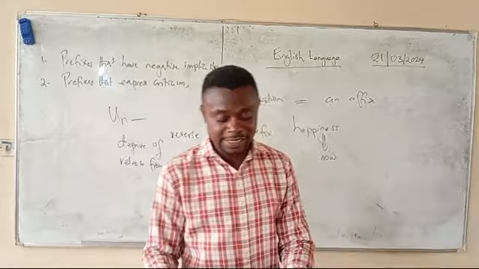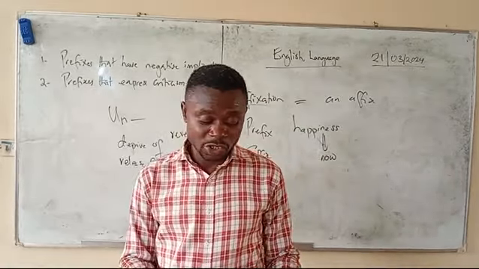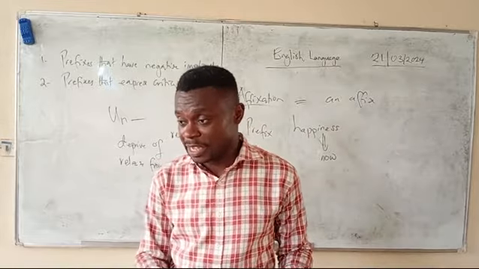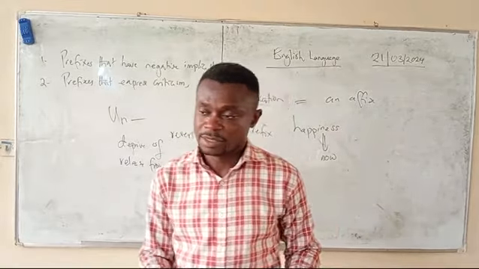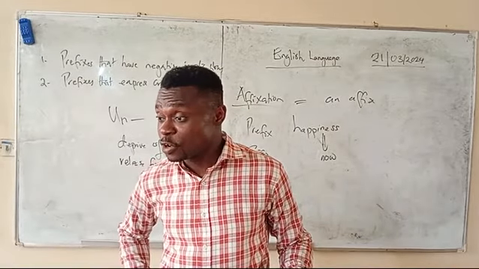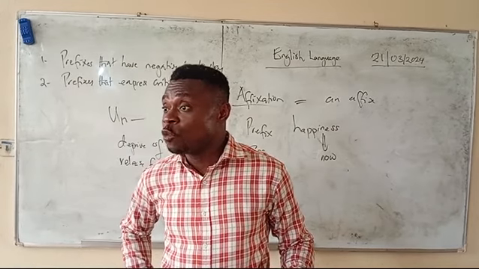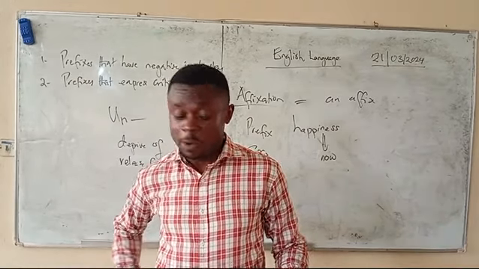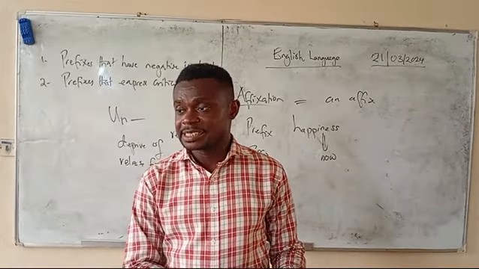Examples of such words are things like unique. Unique is not formed from that, okay? It's just on its own. Remember that affixation is not the only method of word formation. There are other methods of word formation, but I want us to deal with affixation in this class.